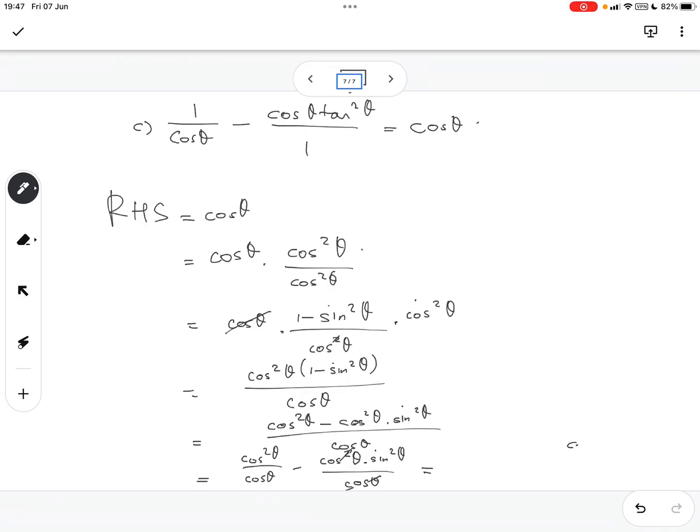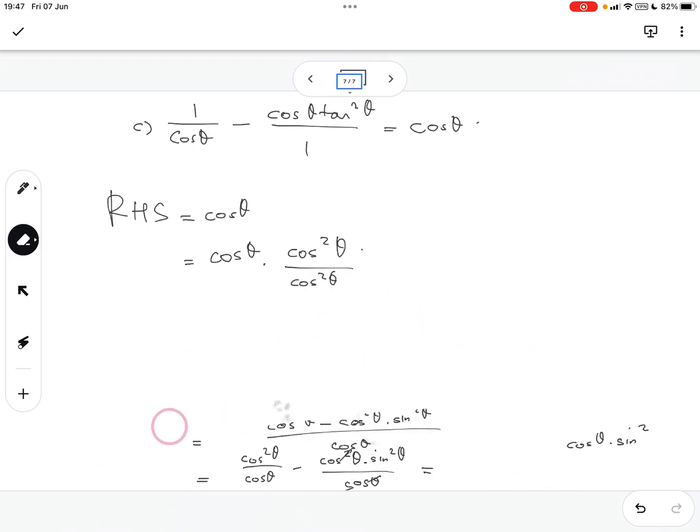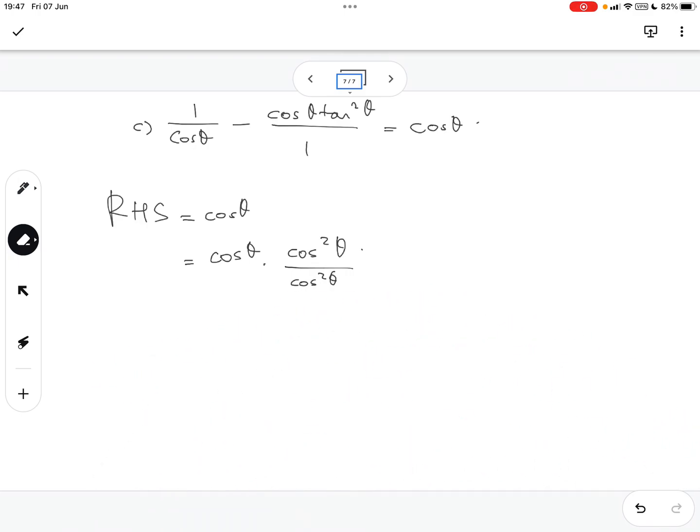And this equals, what did I do? Obviously those are going to cancel, and then I have cos theta times sine squared. There's something I shouldn't have done right here.